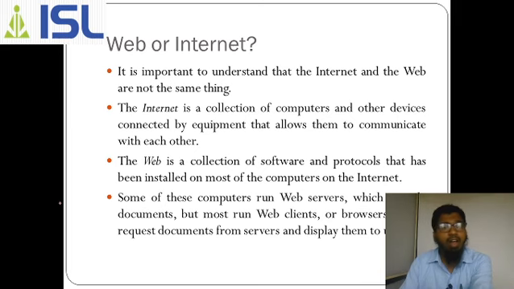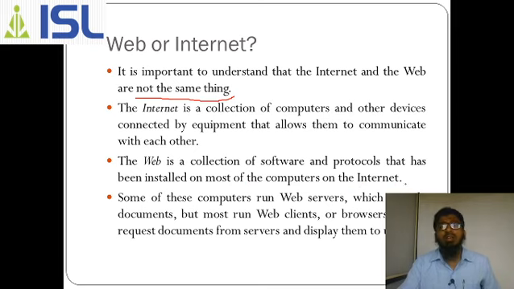Okay, web or internet, here the thing, as I told you, is not the same. Internet and web are not the same. What is the internet? It is a collection of computers and other devices connected by equipment that allows them to communicate with each other. That means networks are connected together with hardware devices. What is the web? The web is a collection of software and protocols that has been installed on most of the computers on the internet.